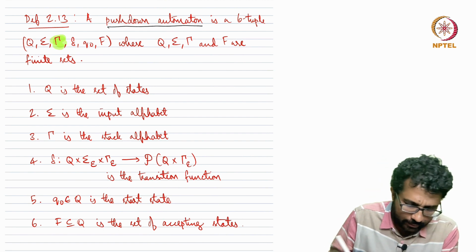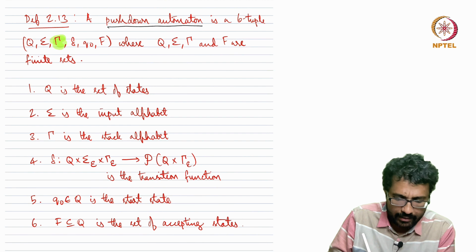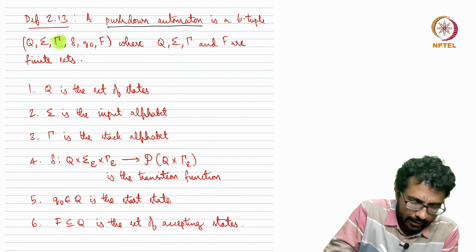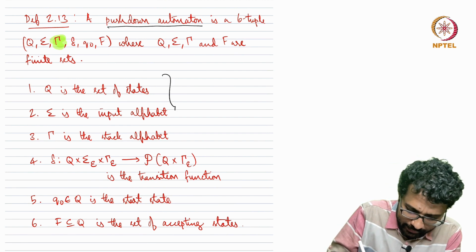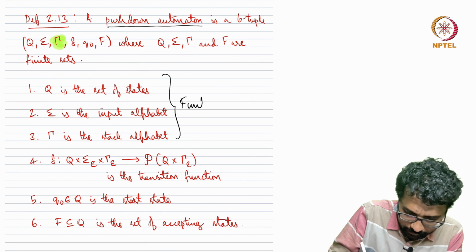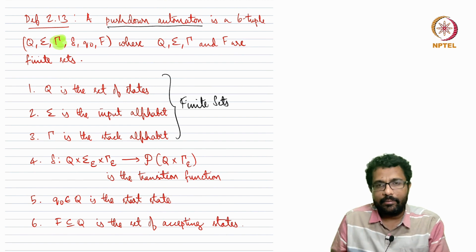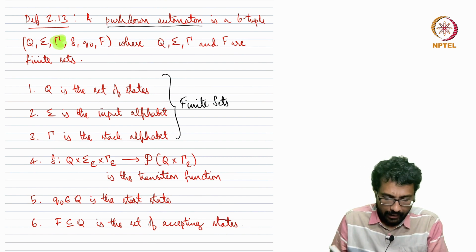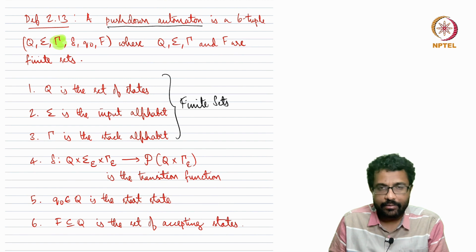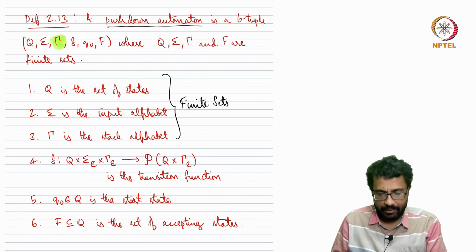So where Q is a set of states, sigma is the input alphabet, gamma is the stack alphabet. So all of these are finite sets, right. And q0 is the start state, just like in DFAs or NFAs, and F is a subset of the set of states, which is the accepting states, right.